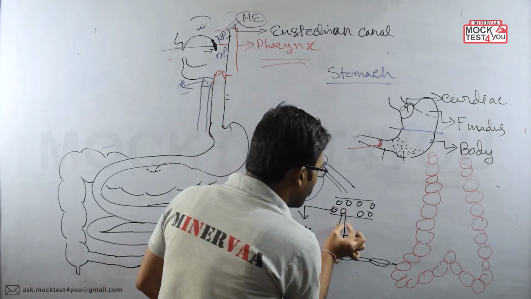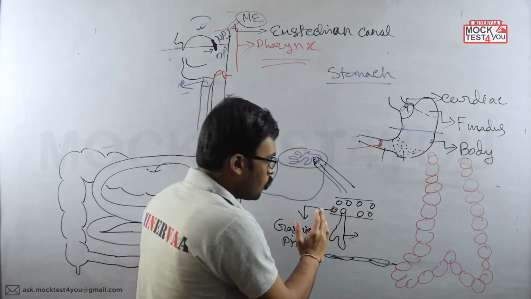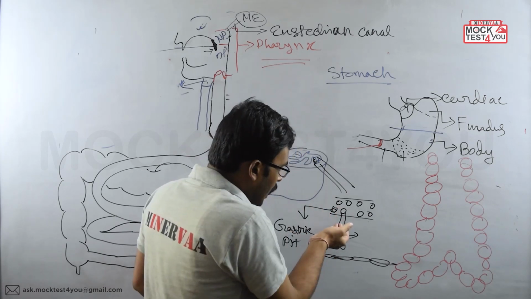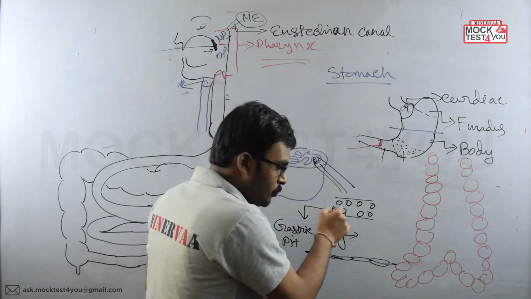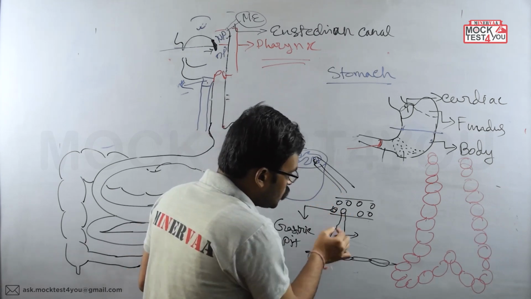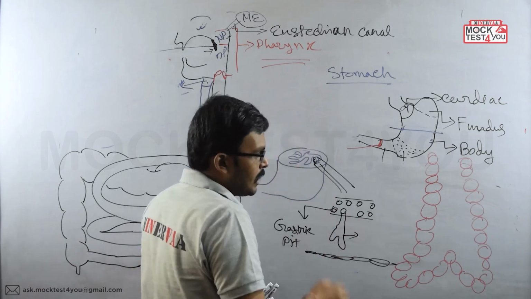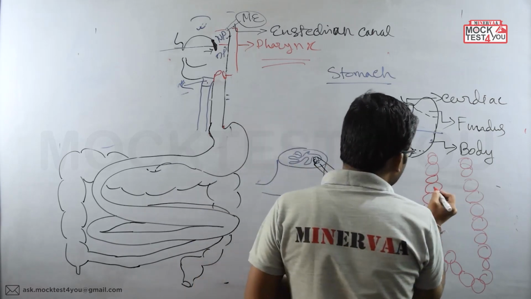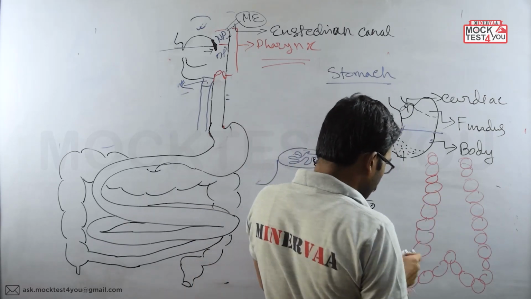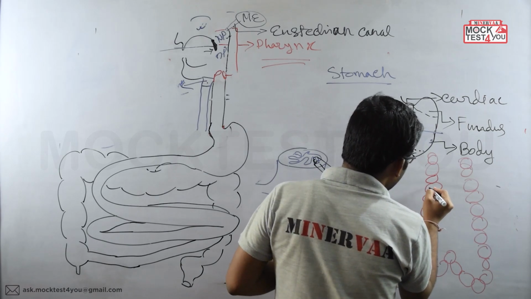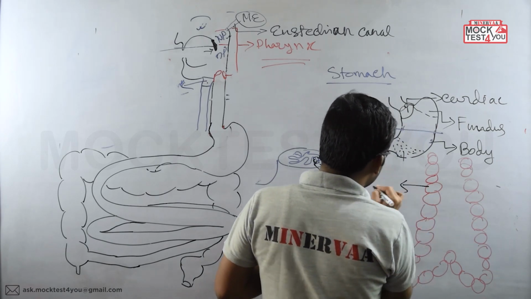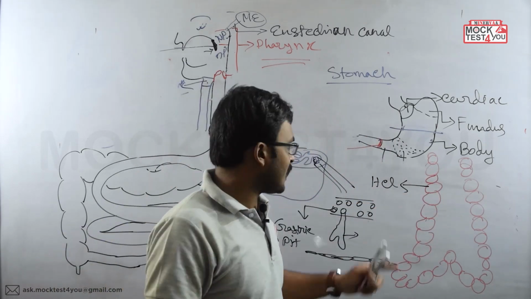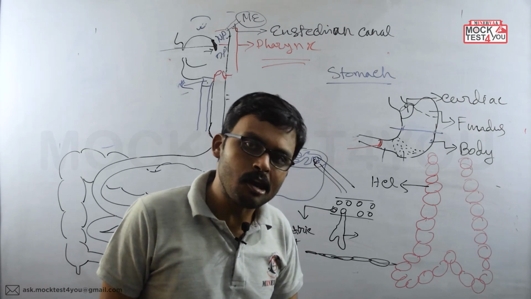Towards the side of this gastric gland, in front of the pit region, we are getting such kind of cells which are producing HCl along with the intrinsic factor.